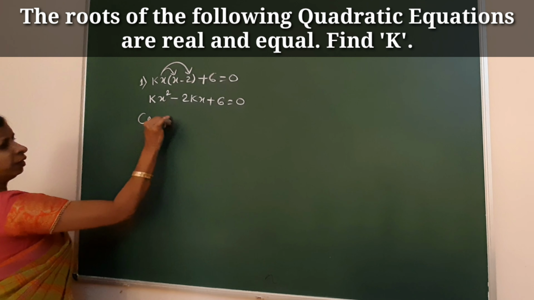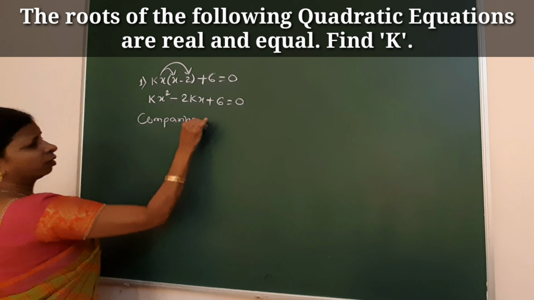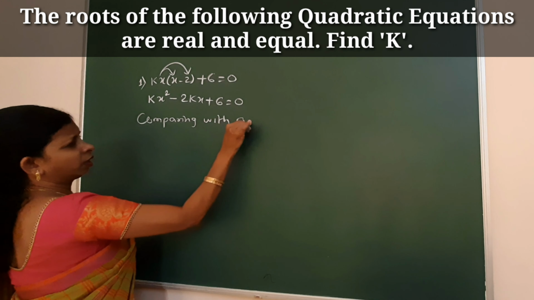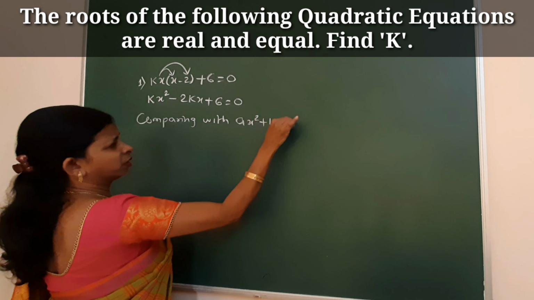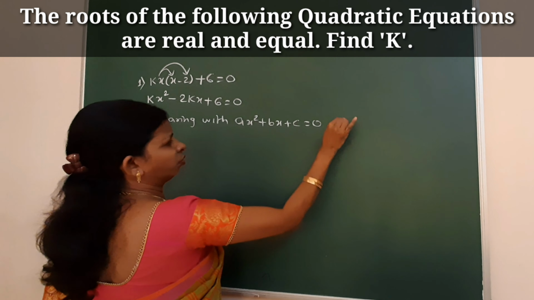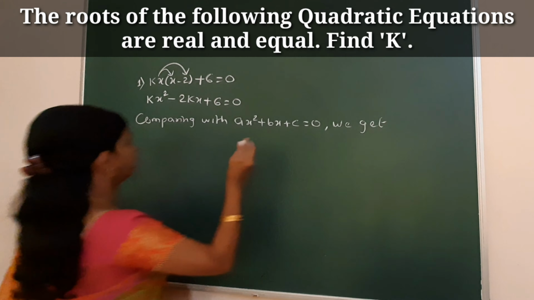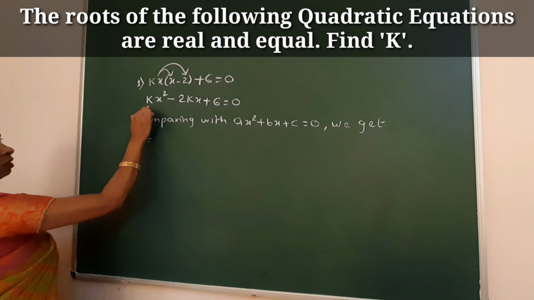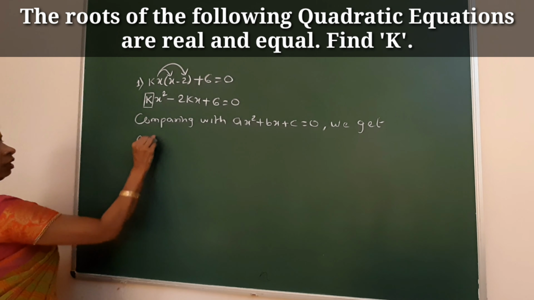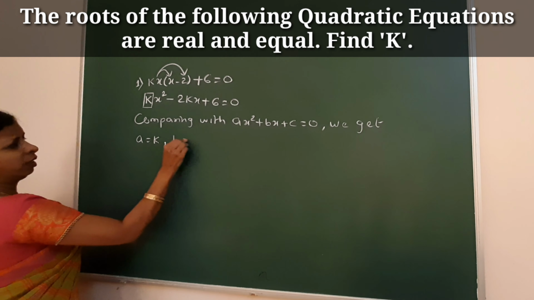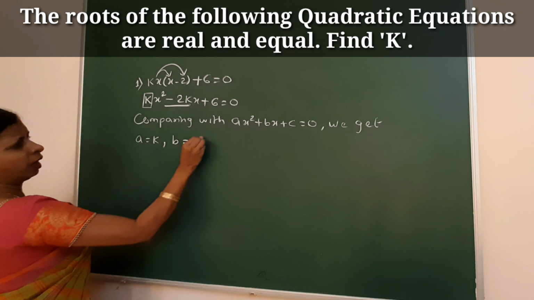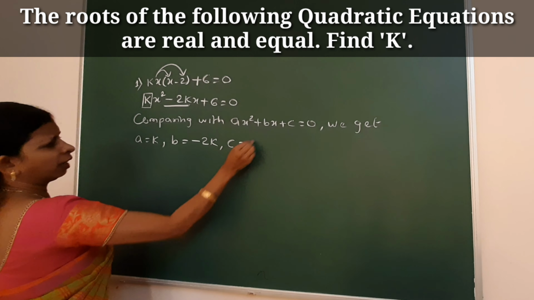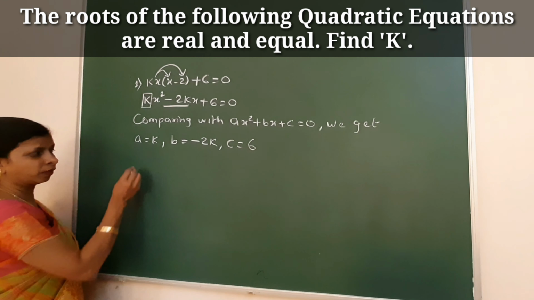Let us compare with ax square plus bx plus c equal to 0. We get a is your k, b is minus 2k and c is 6.